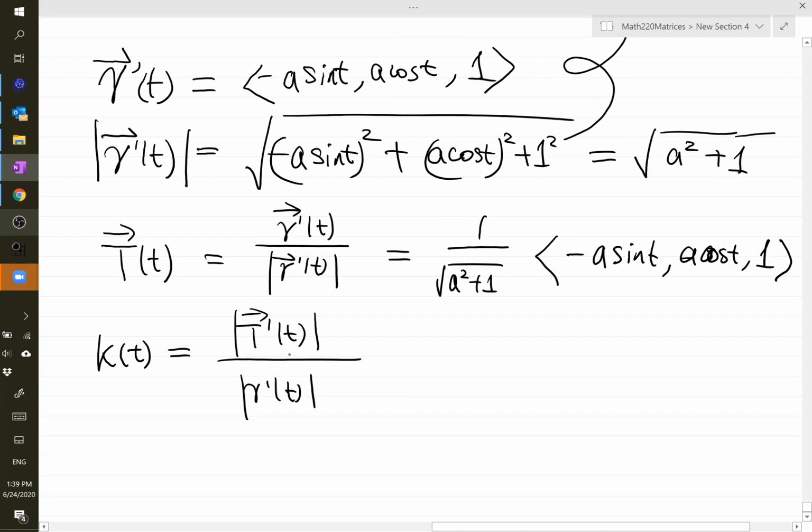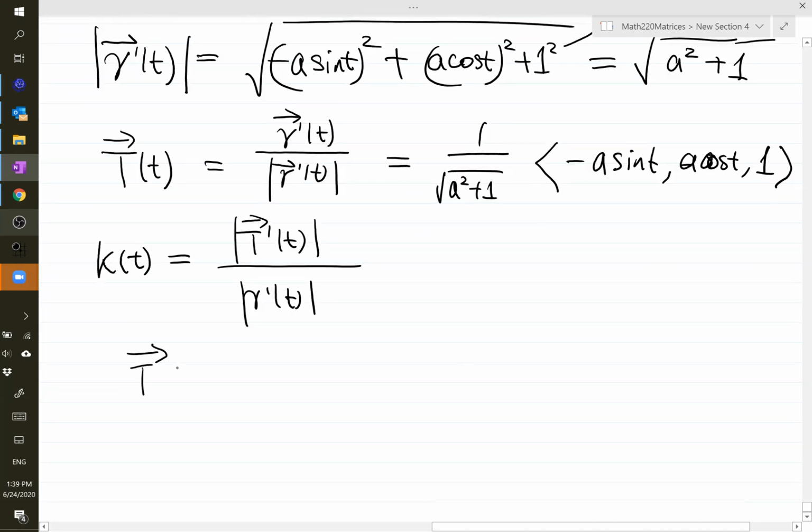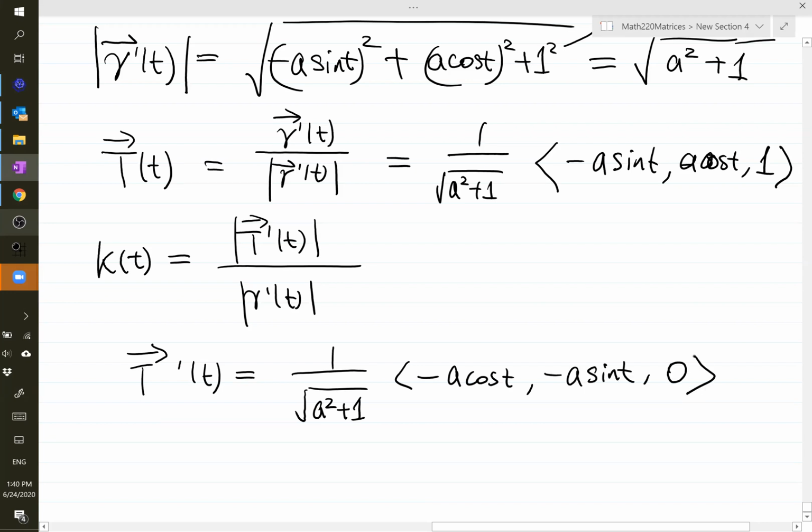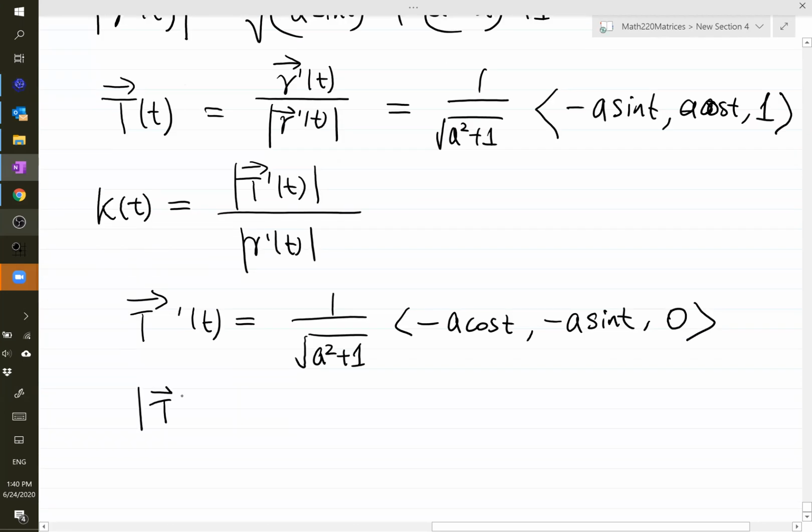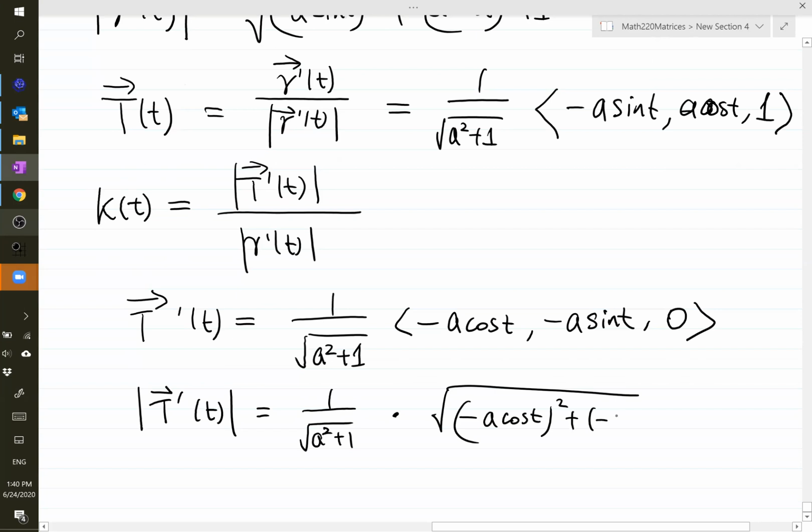Okay, the tangent vector derivative: the t derivative will be 1 over the square root of a squared plus 1 times (negative a cosine t, negative a sine t, 0), since the derivative of 1 is 0. So the norm of the t derivative: factor out this scalar factor times the norm of (negative a cosine t, negative a sine t).